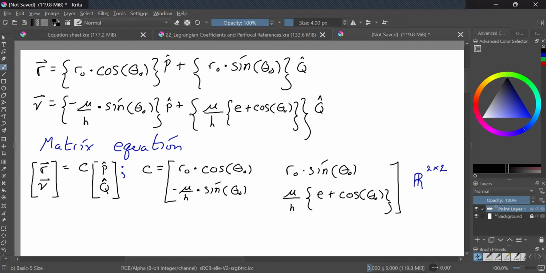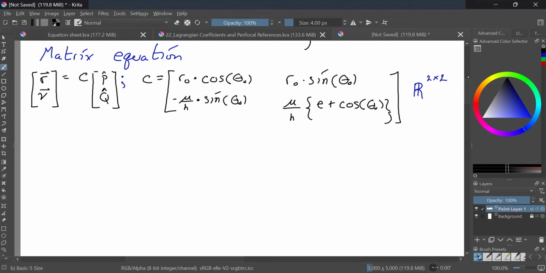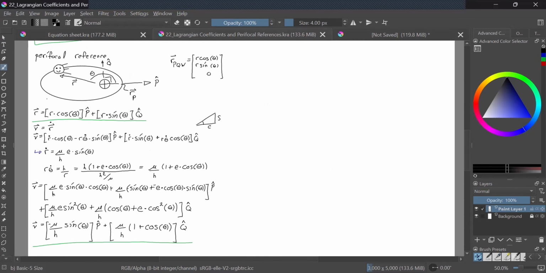But tangent over, now that we have created a matrix equation, now that we have rewritten our equations in the form of linear algebra friendly matrices and vectors, we want to invert everything so that we can solve for P and Q. Because going over to here, we have our R, our radius, in terms of P and Q. And this radius can change throughout time, but it needs to be in reference to P and Q.